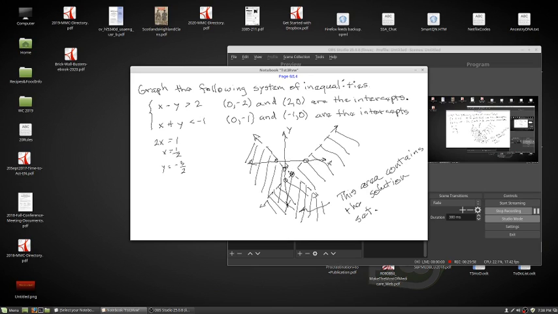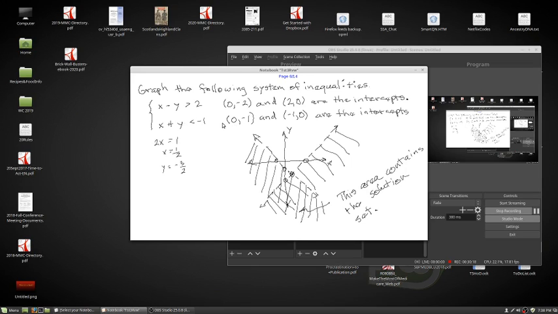So the origin's here. If we plug in 0, 0, we get 0 is greater than 2, which is not true. So this is not the side, so we shade below this line. That's the solution to the first inequality.